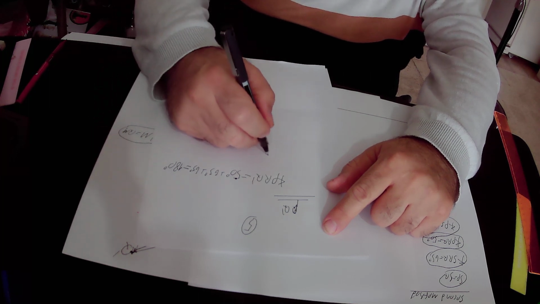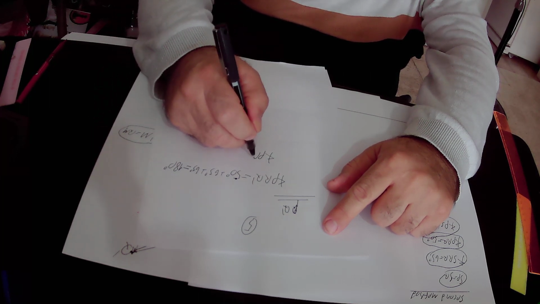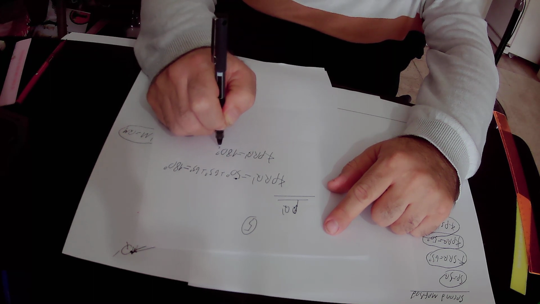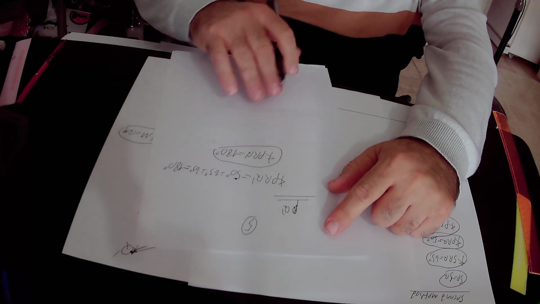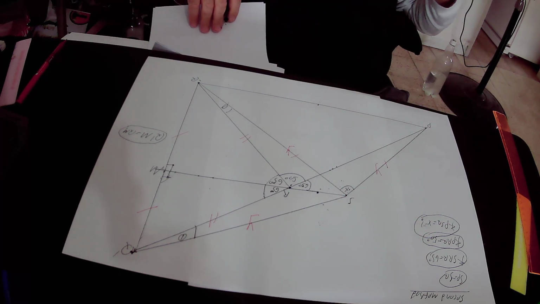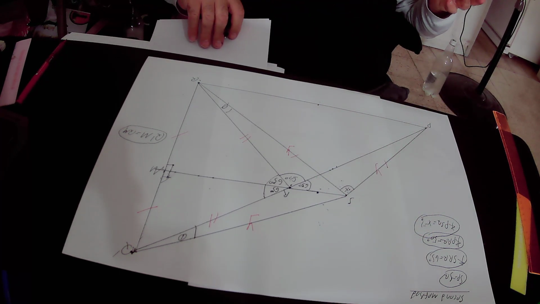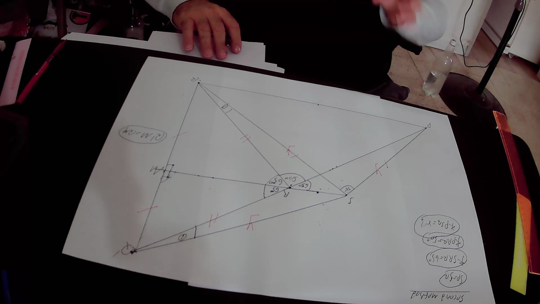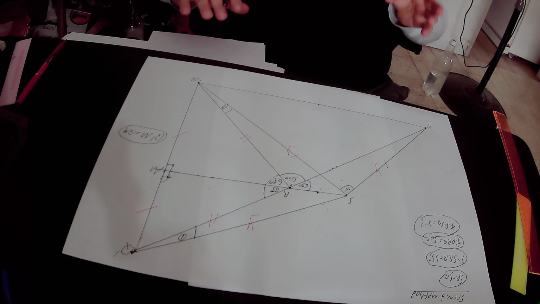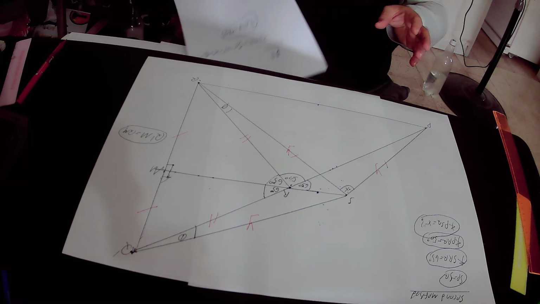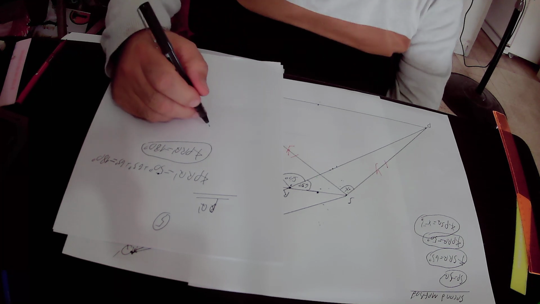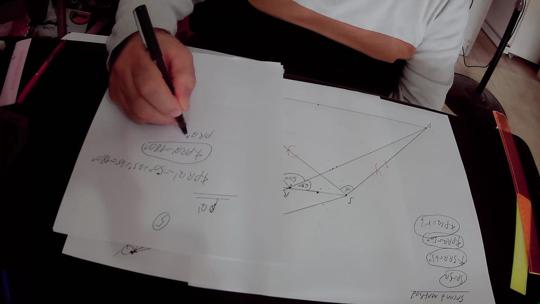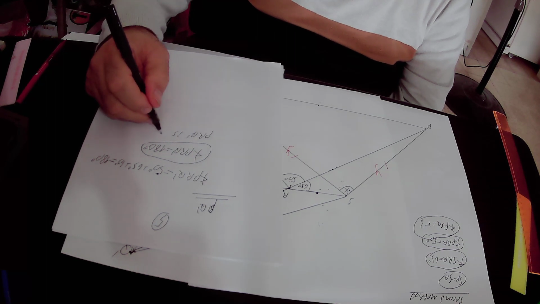So we proved that angle PRQ dash equals 180 degrees. If angle PRQ dash is equal to 180 degrees, it must be a straight line. Any angle that equals 180 degrees is a straight line. Therefore, line segment PRQ dash is a straight line.